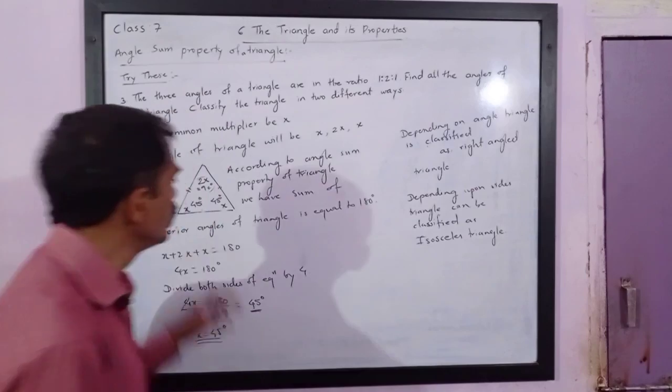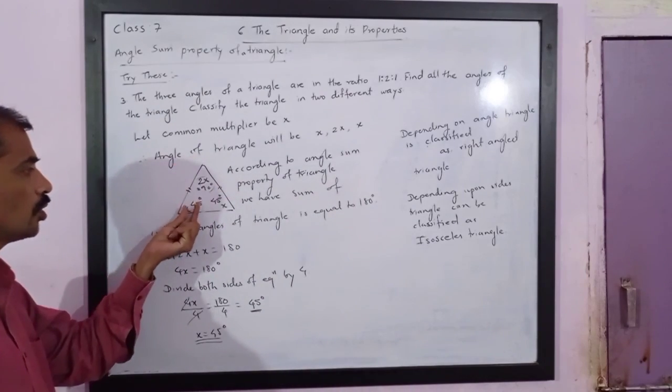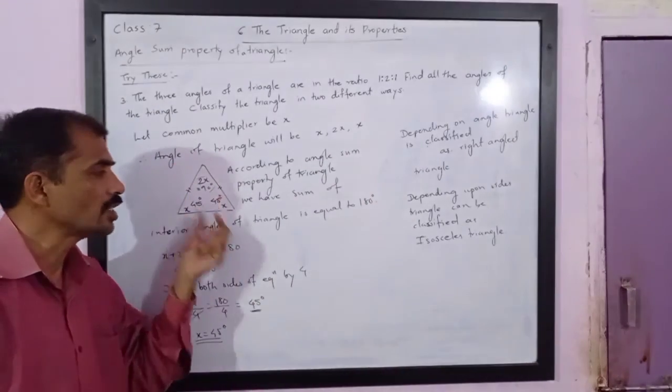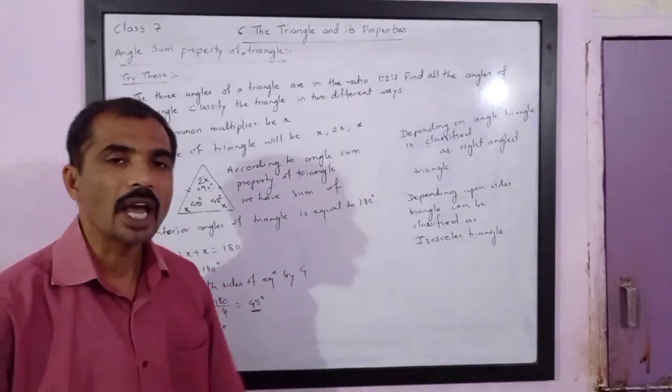The reason is these two sides opposite to congruent angles are congruent. It means two sides are congruent, so it is an isosceles triangle.